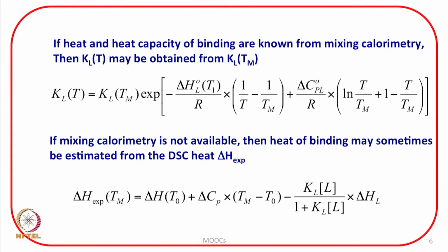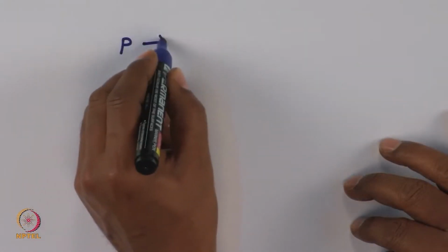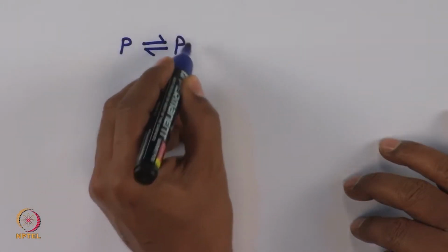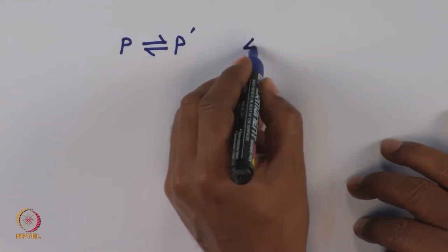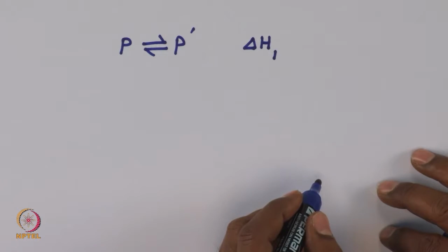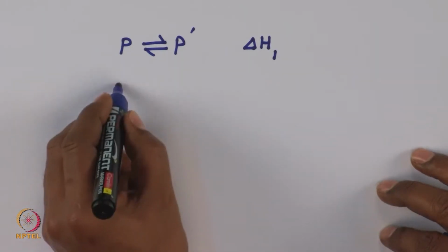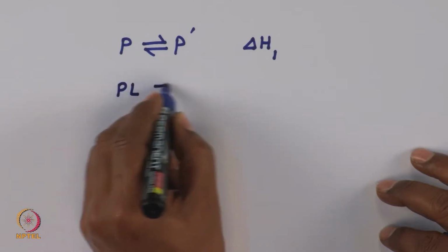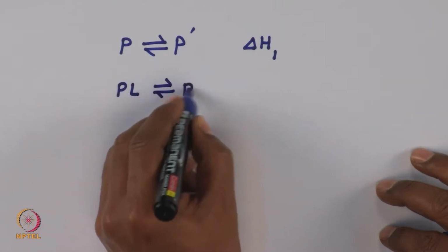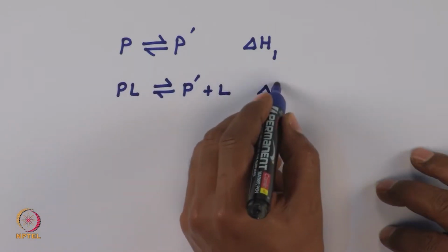In one of the previous lectures, we discussed that if you thermally denature a protein, let us say the corresponding value of the delta H is delta H1, and if I take PL and we form P prime plus L, then I say delta H2.